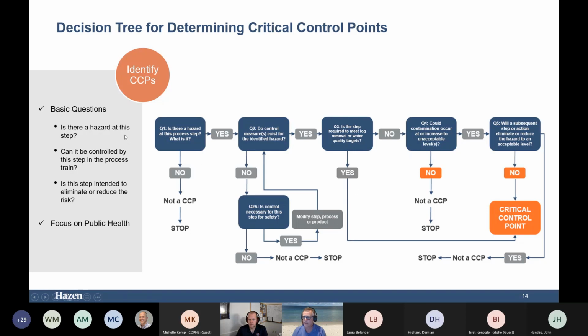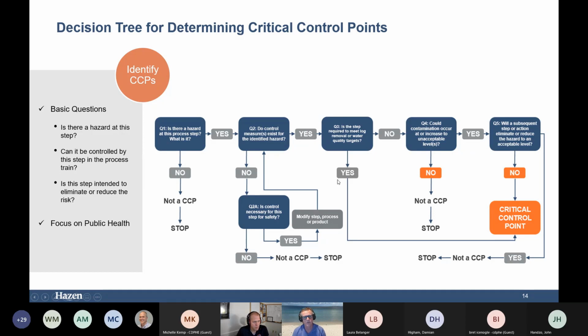But we have off-ramps here. If we go through those questions and find that, well, that process really doesn't meet the requirement for log removal or water quality targets, no. Could contamination occur here to increase? Well, no, then it's not a CCP. So we have some off-ramps. This is a really helpful flowchart for us.